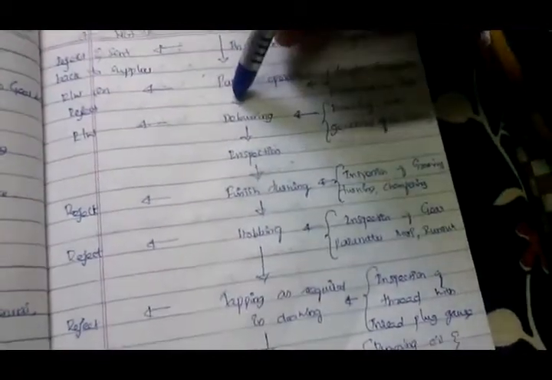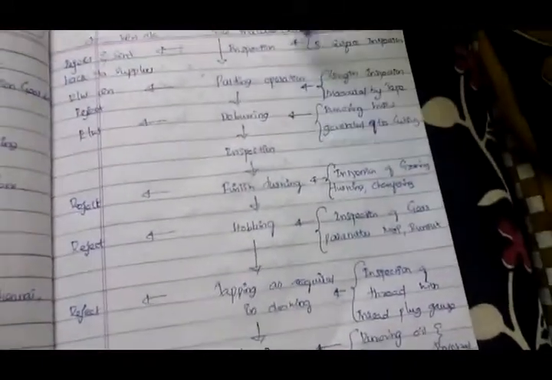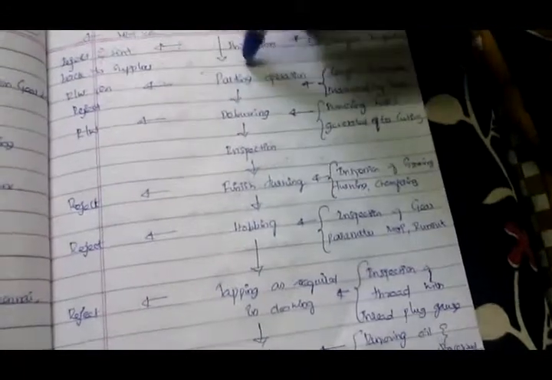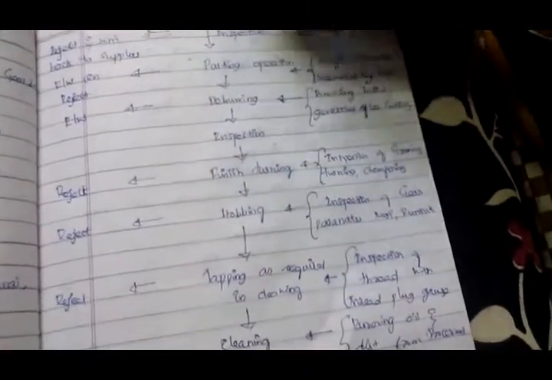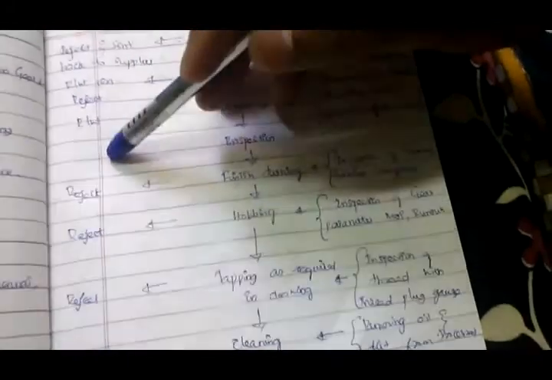Then I move to the deburring area, where we remove burrs generated after cutting. Then I move to the finish turning area. If our drawing requirements are met, fine; otherwise we rework or reject.